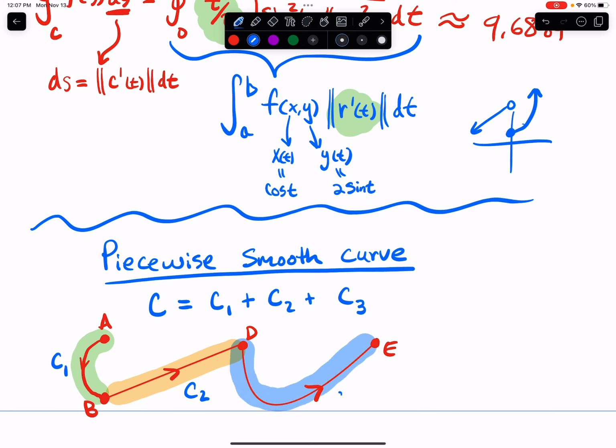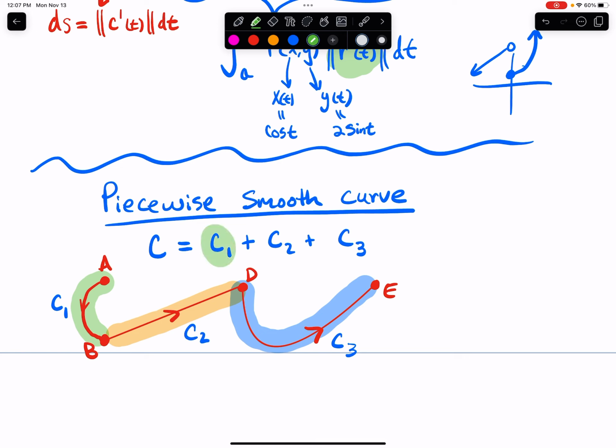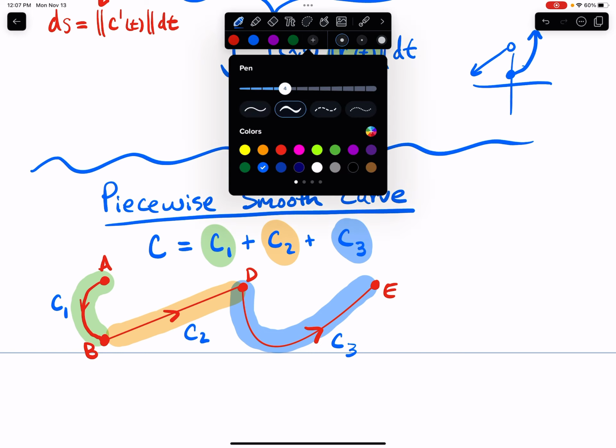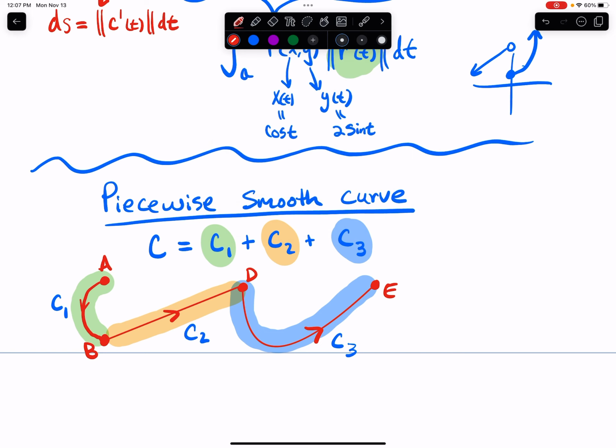Now look, each one of these individual pieces, C1, C2, and C3, is smooth, but clearly when you look at this path all together, there's a sharp turn right here and a sharp turn right there. That's not smooth all around, but it is piecewise smooth.